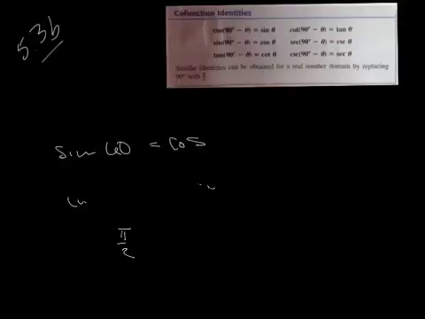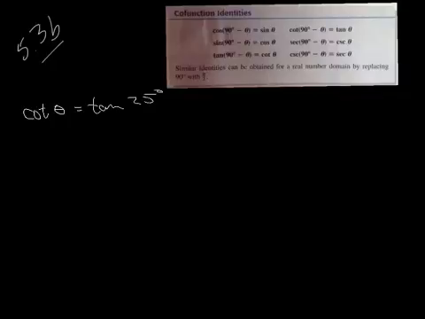Alright, so let's go ahead and look at example number 2. They give us, find an angle that satisfies the following. Okay, so they give us the cotangent of theta equals the tangent of 25 degrees.